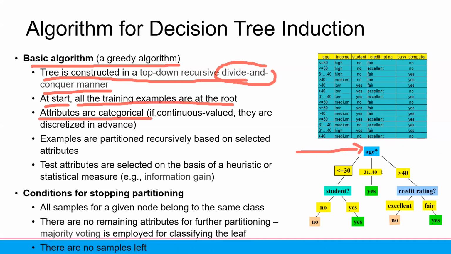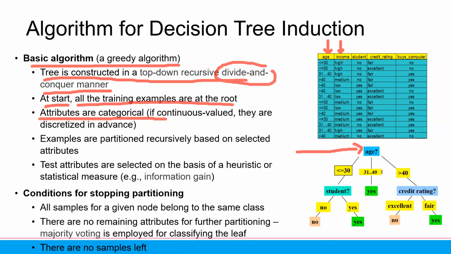Attributes are categorical. You can see here. Maybe you think age should be a number, but now we make the category less than 30, 31 to 40, or higher than 40. So it is a category.